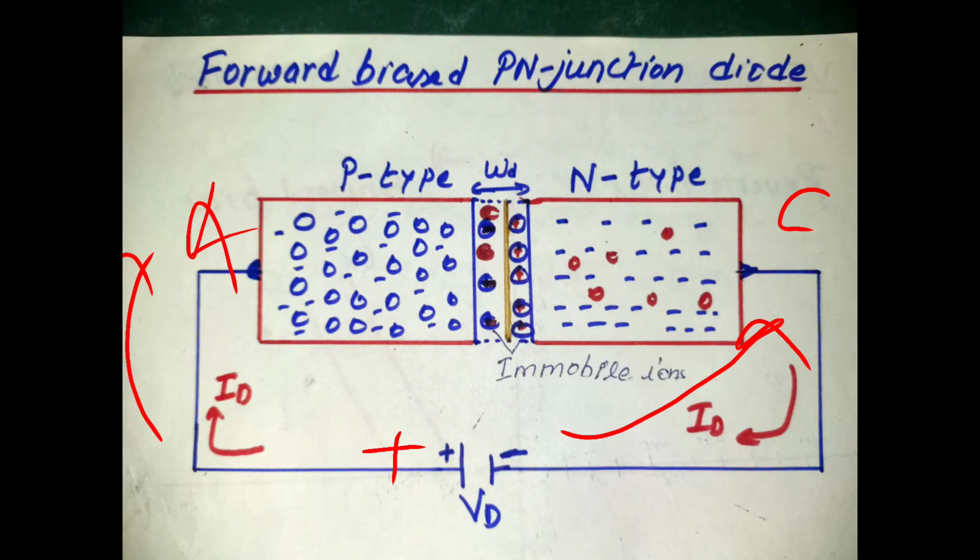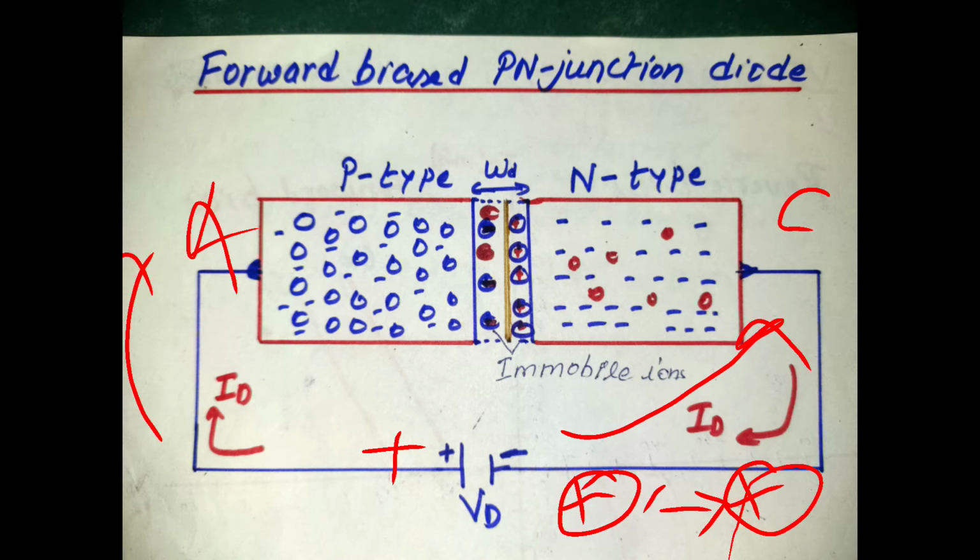As we know, if there are two charges which have the same polarity, suppose two positive charges, then there will be repulsion between the two charges, there will be no attraction.